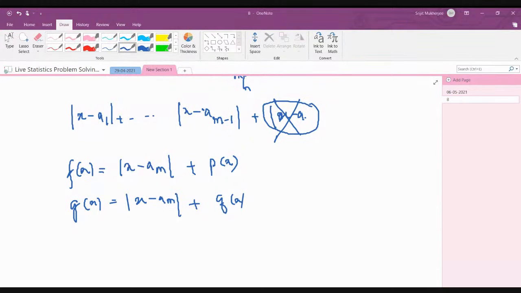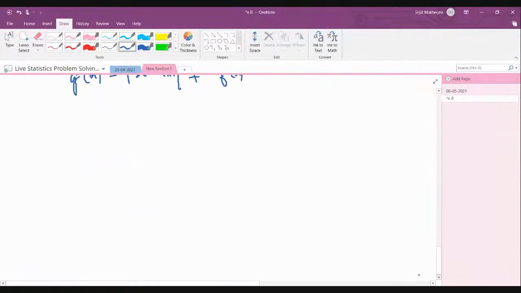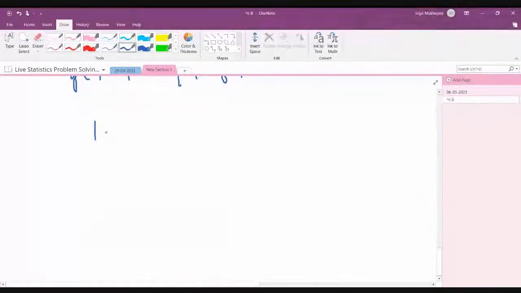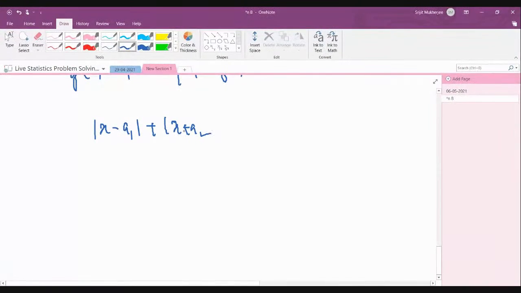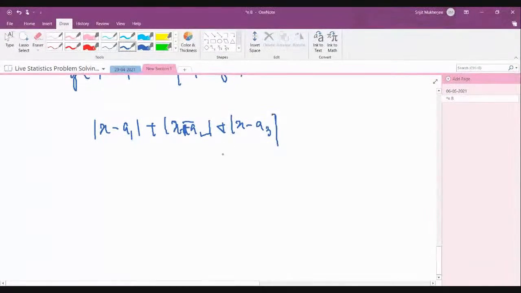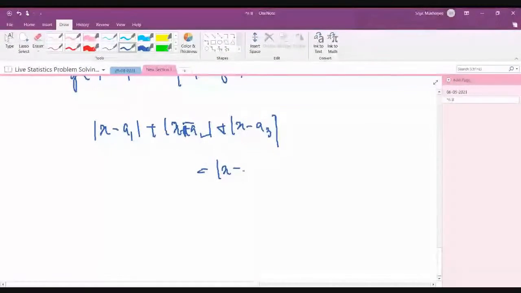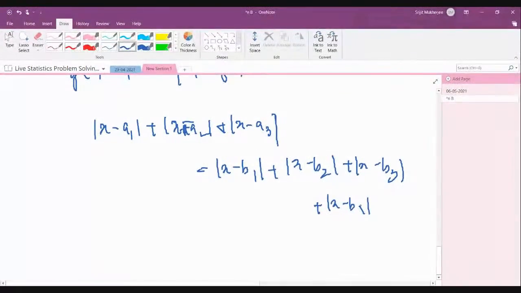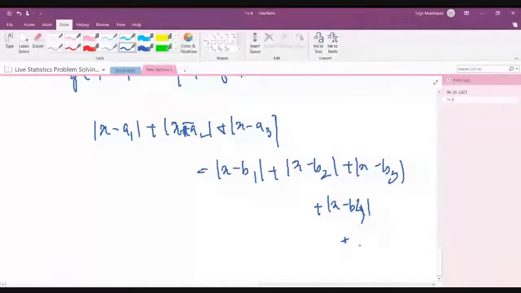Please explain once again. Sure. Let's say x minus a1 plus x minus a2 plus x minus a3 is equal to x minus b1 plus x minus b2 plus x minus b3 plus x minus b4 plus x minus b5, say.